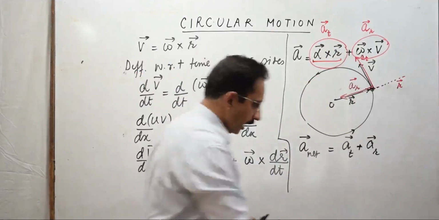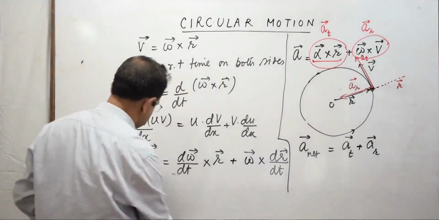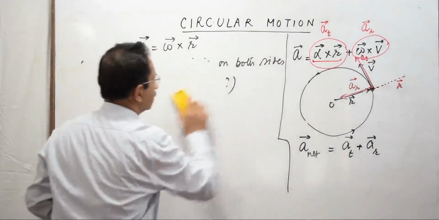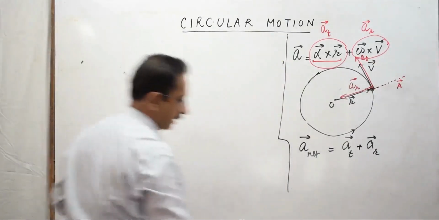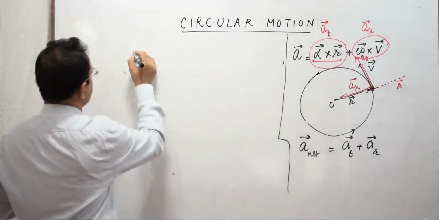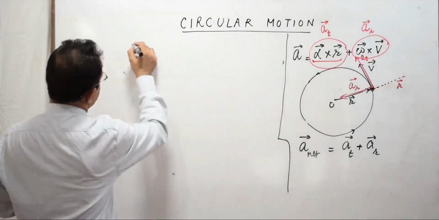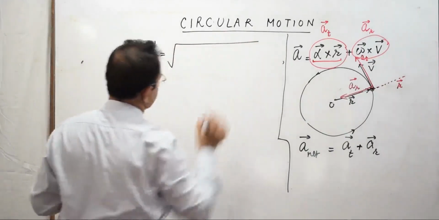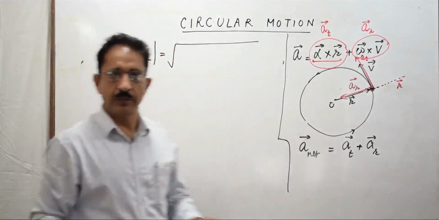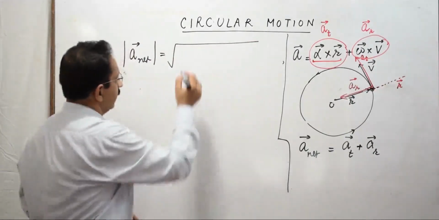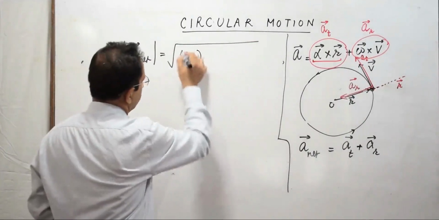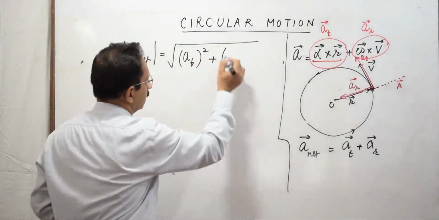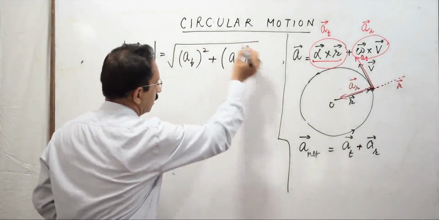अगर कहीं भी आपको इस net acceleration का magnitude चाहिए, that can be obtained like this. The magnitude of net acceleration will be, we can say, by using the parallelogram law of addition, equal to the square root of AT, the tangential acceleration, squared plus the radial acceleration squared.